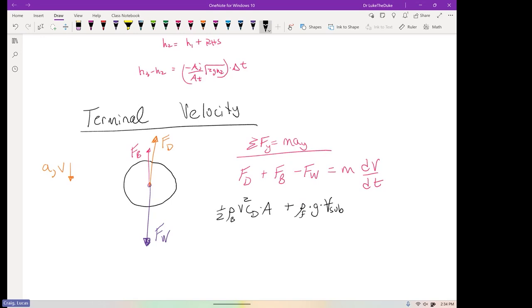That's why that term will go to 0, because the density of the ball is so much higher than that. Then we have minus mg equals m dv/dt. Everyone understand why I switched a to dv/dt? Because that's the fundamental equation, right?